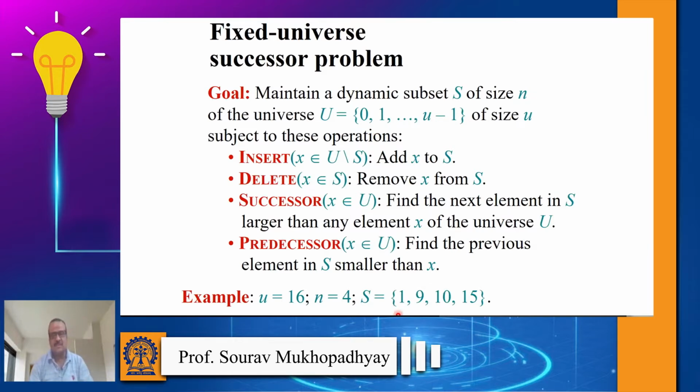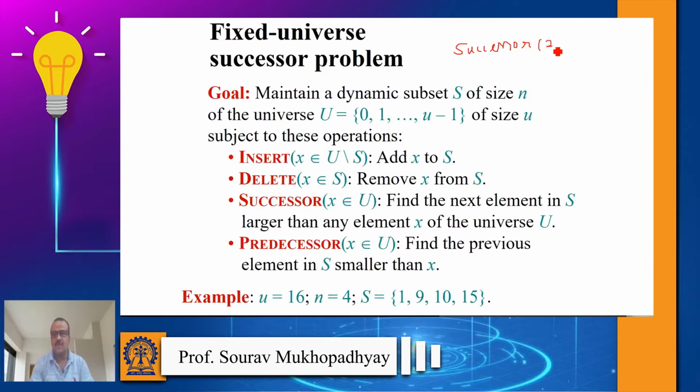So what is the successor of 2? The next element in S after 2 is 9, so 9 is the successor of 2. Similarly, the successor of 3 is 9, and the successor of 4 is 9.